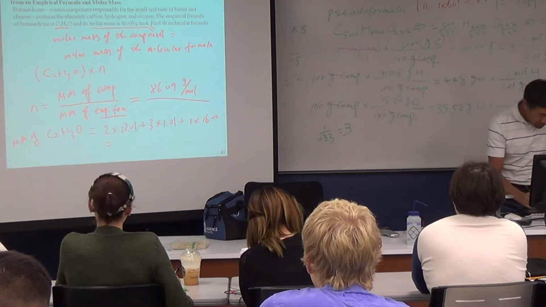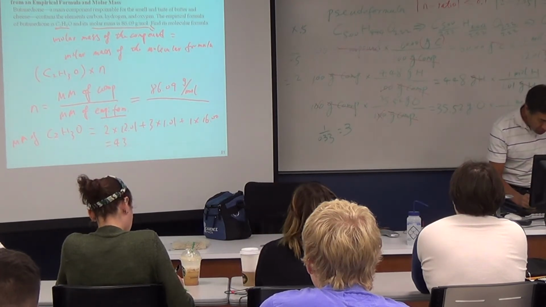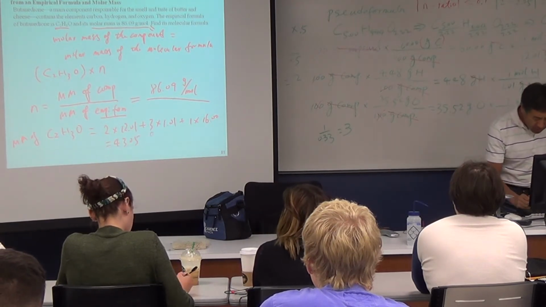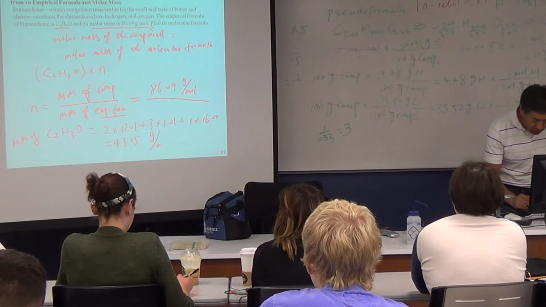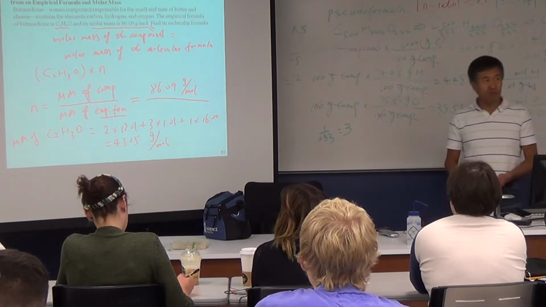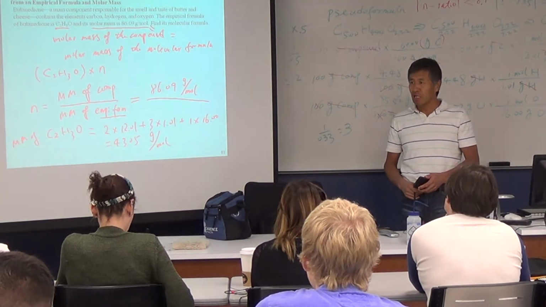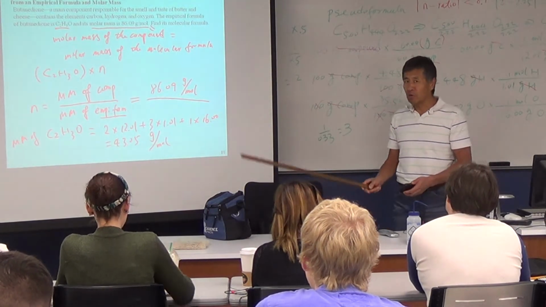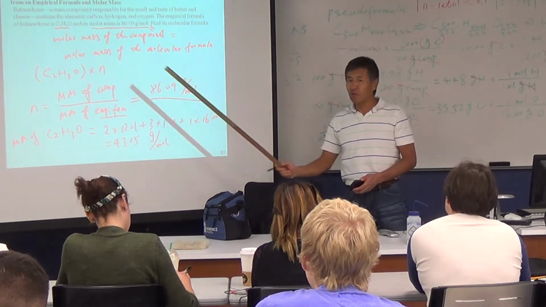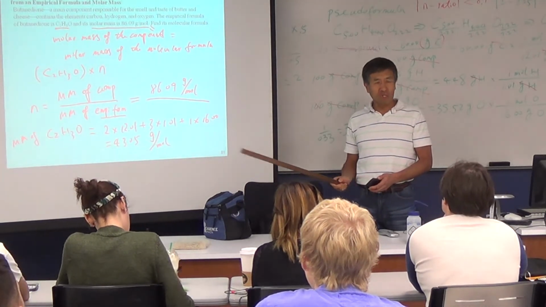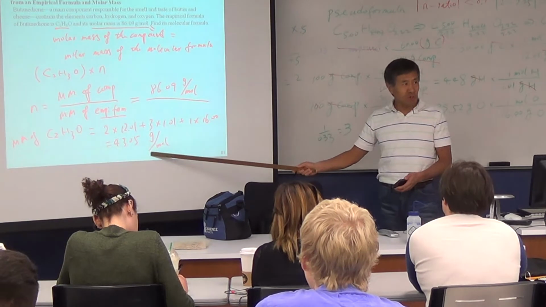So I get 43.05. Because I said I'm going to calculate the molar mass, therefore I give it the unit gram per mole. If I told you at the beginning that I want to calculate the formula weight or the molecular weight, then I would have amu here.